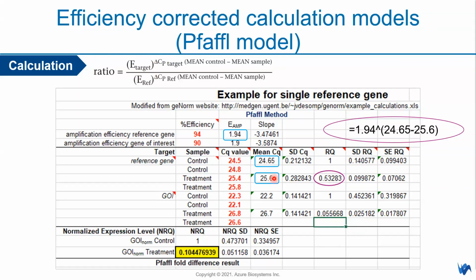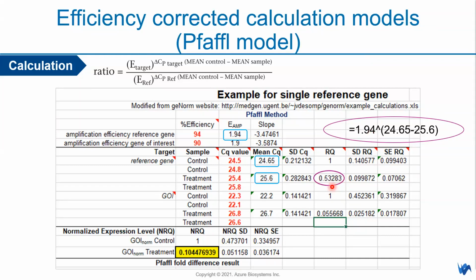So this is how it looks like. You have efficiency 1.94 to the power of bracket 2.65 minus 25.6. Therefore, you get the quantification fold change over here of 0.53. Right, so this is how the calculation goes. We call it the fold difference value result.